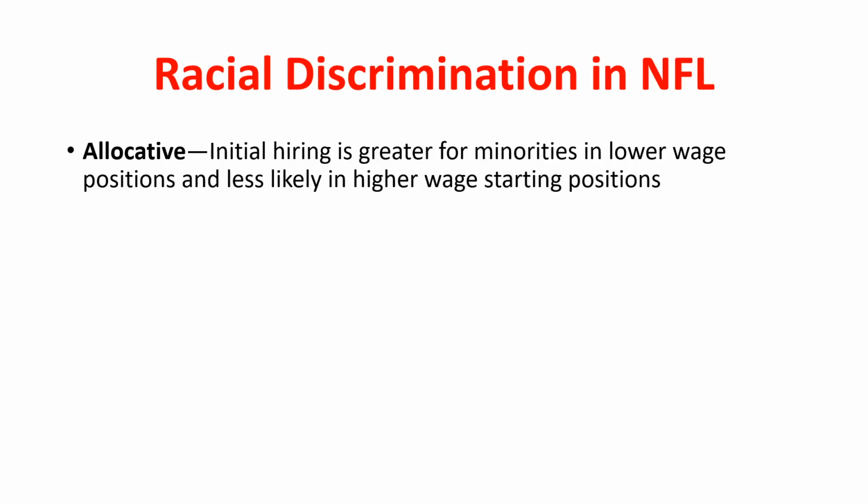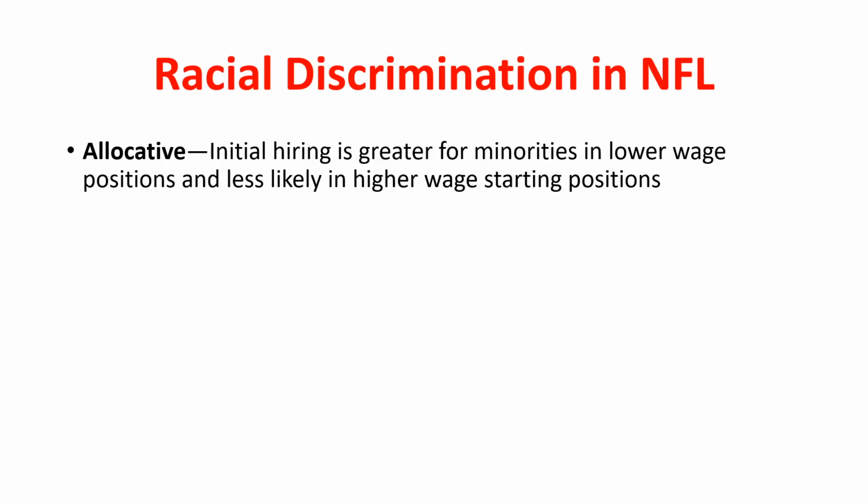So one type of discrimination we could see is allocative, right? So if initial hiring is greater for minorities in lower wage positions, then it's less likely they're ever going to get to a higher wage position. So I'll give you this scenario. If we typically see that minority football coaches are only hired in as wide receivers coaches, cornerback coaches, while white coaches for a starting position could potentially be something like offensive or defensive coordinator, well, it's much more likely to get promoted to head coach as an offensive or defensive coordinator than as a cornerback or wide receivers coach.